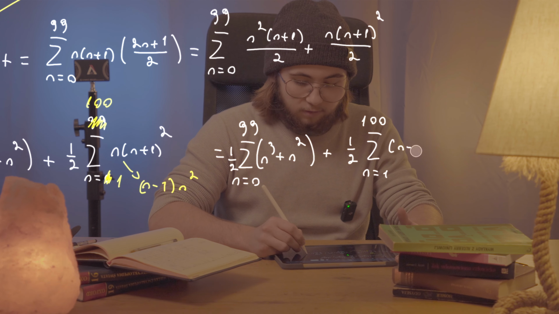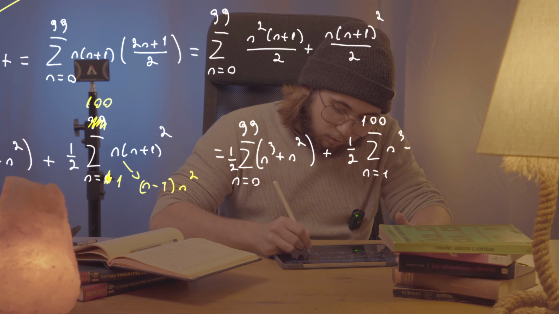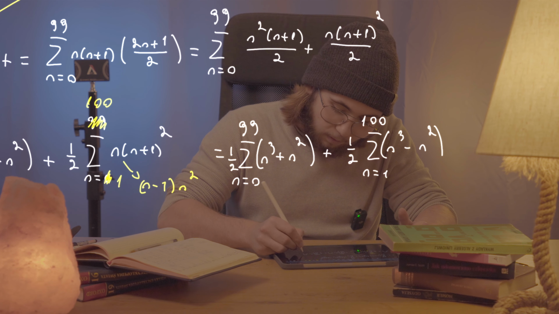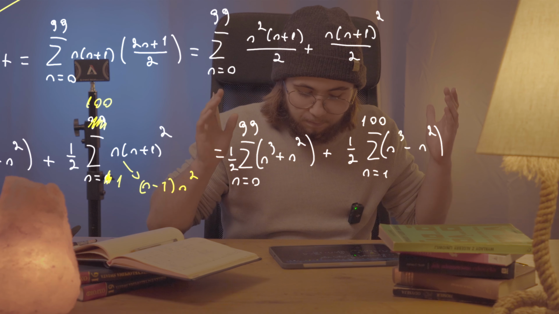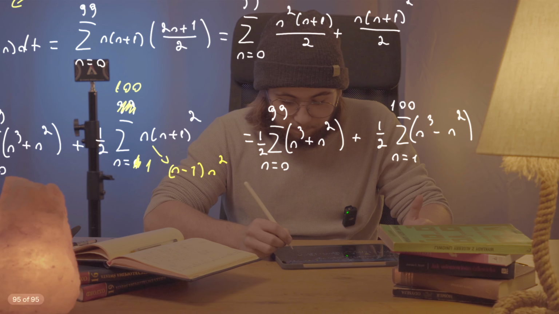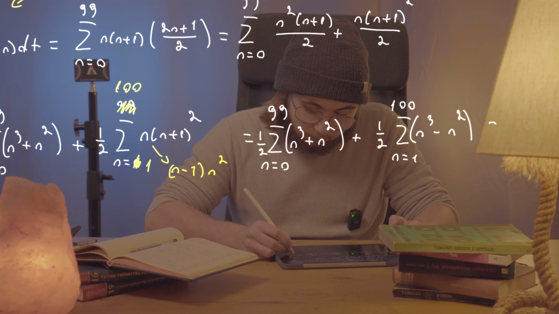Lovely, because this is just the sum of n cubed minus n squared. Oh, I forgot to put parentheses here. Yeah, something like this. That's absolutely awesome, because now we can go on and separate those sums.